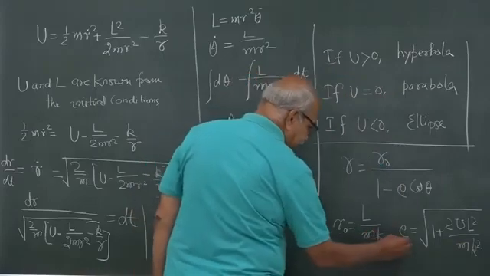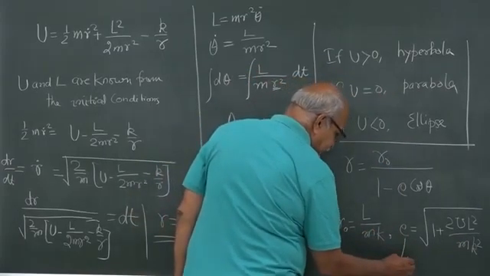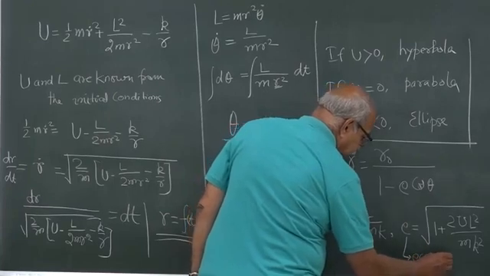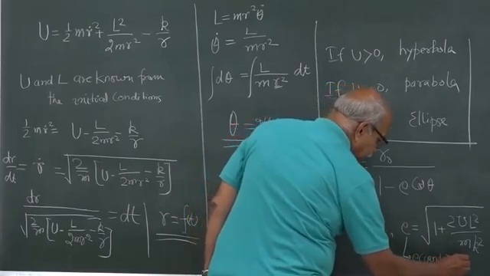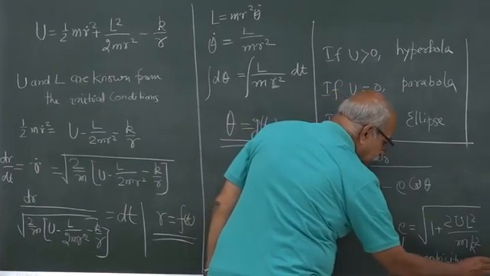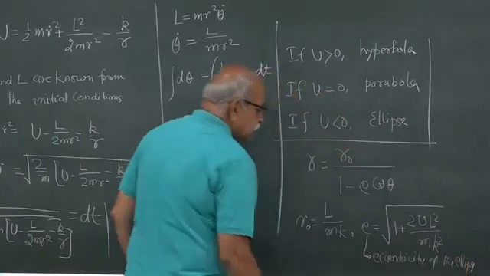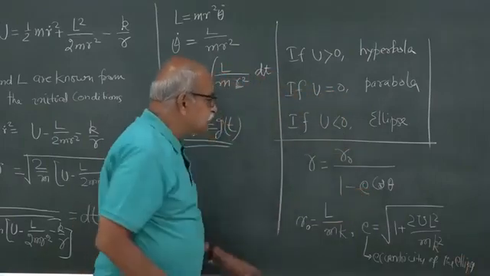Now, this quantity is known as the eccentricity of the ellipse. This quantity here is the eccentricity.